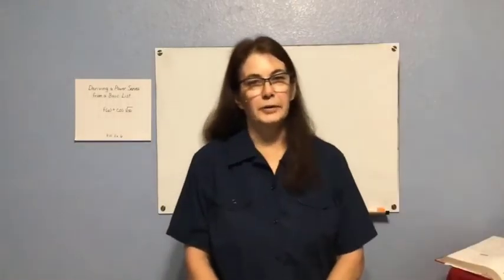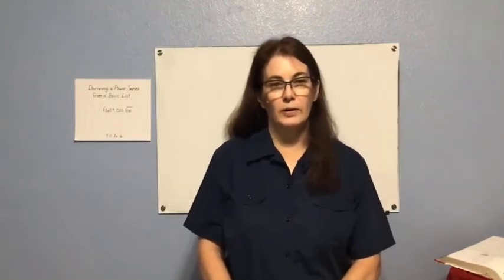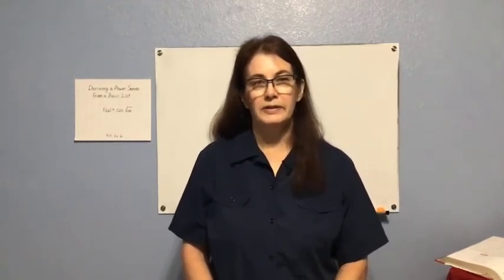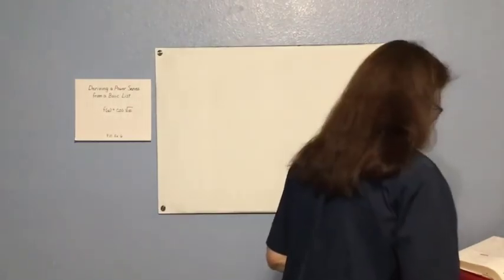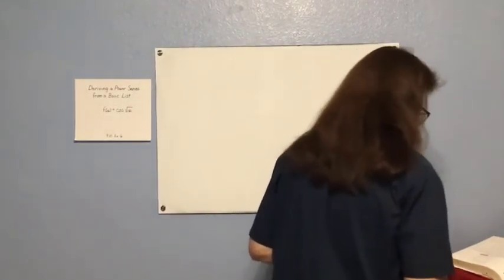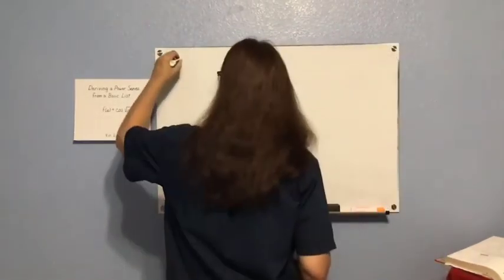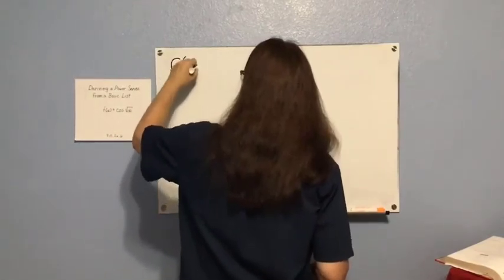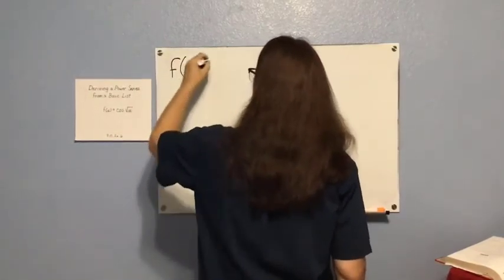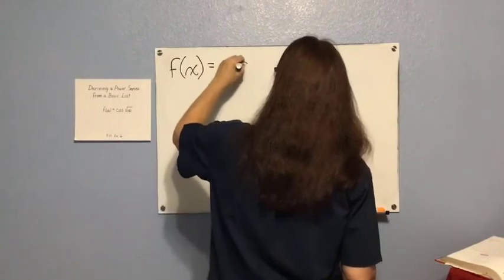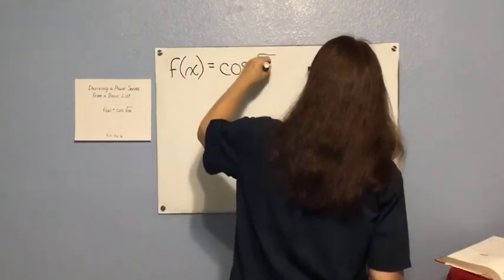In your textbook, on page 674, there's a table of series along with their intervals of convergence that you can use to help make other series. So let's look at this example. I got f of x equals the cosine of the square root of x.